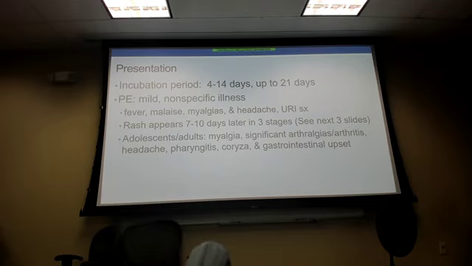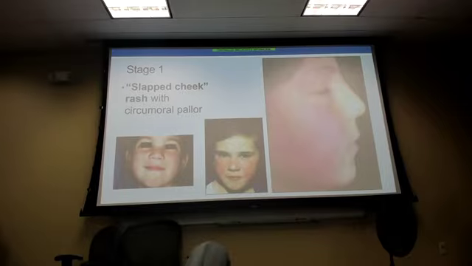Okay? So what's the first stage of that rash look like? Slap cheek rash. What does that mean? Bright red cheeks. Where does it spare? The mouth. It has everything around the mouth. Okay? Look at that kid. How do you describe that kid? He's smiling, right?